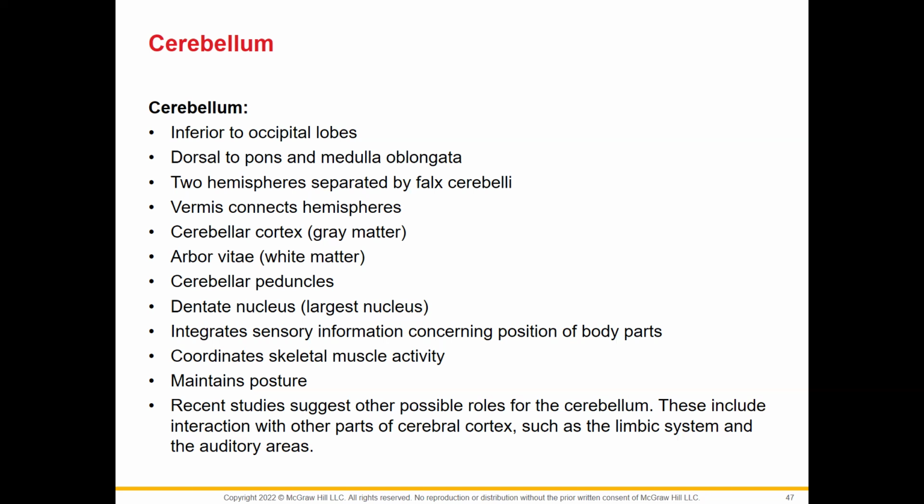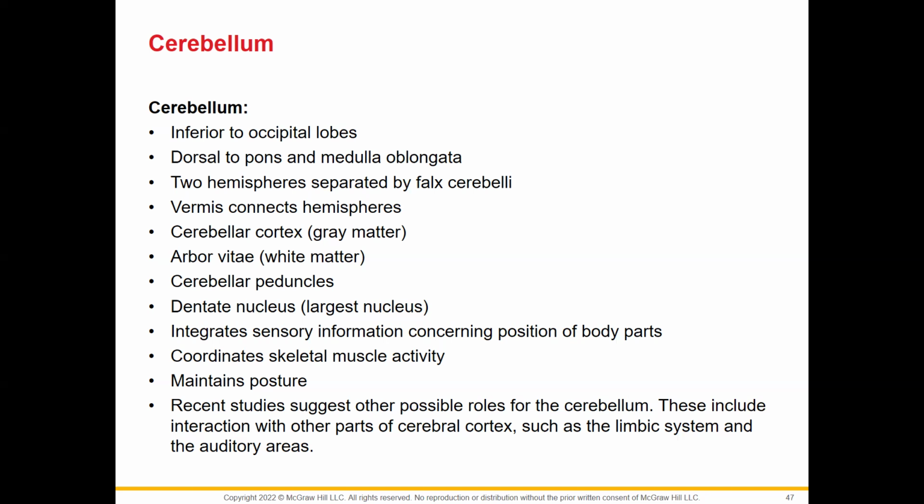The cerebellum is also divided into two hemispheres that are separated by the falx cerebelli. To connect the two aspects of the cerebellum, you have the vermis connecting the two halves of the cerebellum.